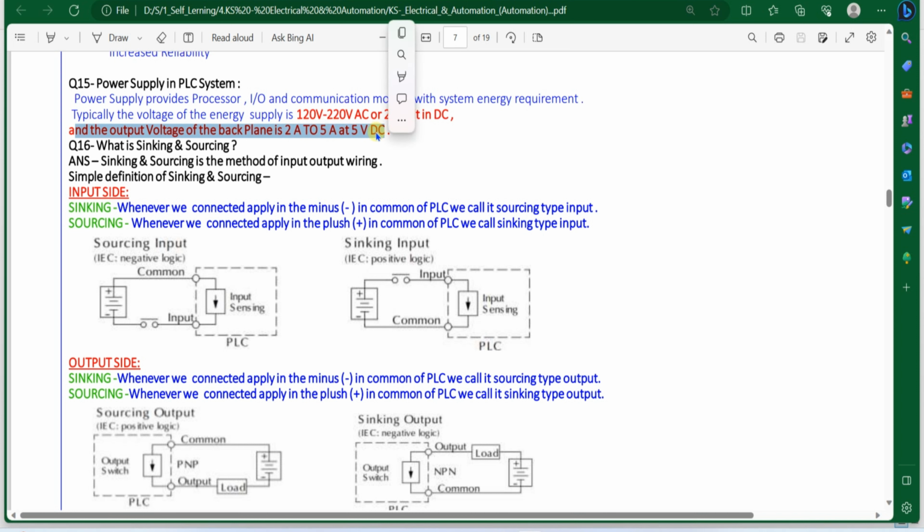The 5 volt is a battery of the PLC to save the program.